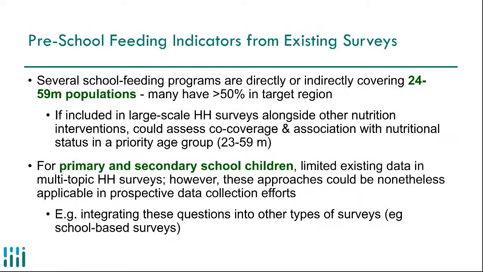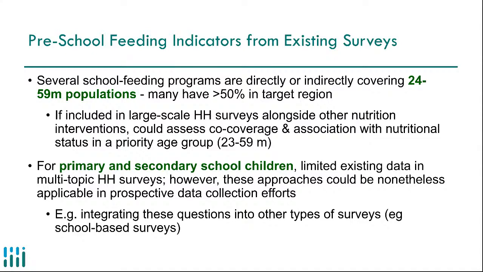Just wanted to summarize here quickly. Several school feeding programs are directly or indirectly covering the 24 to 59 month population, so that's the preschool age population. We've identified in our work that many of the school feeding programs that exist in LMICs do capture more than 50% of the preschool population, which is important and interesting.